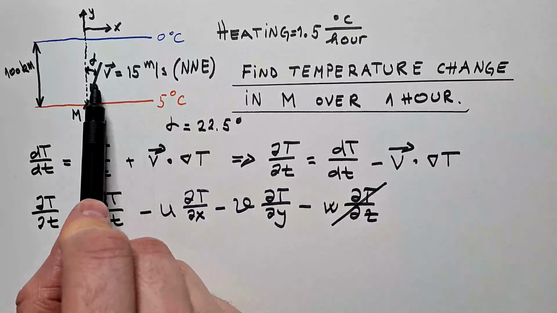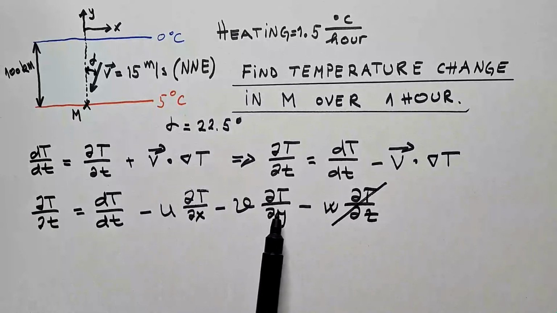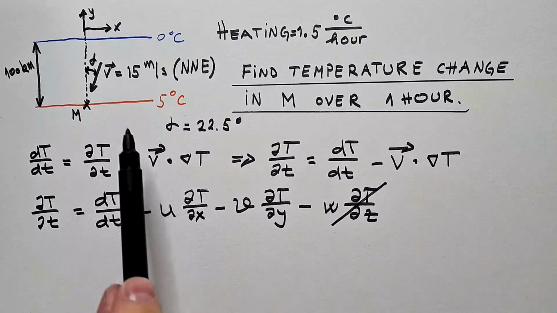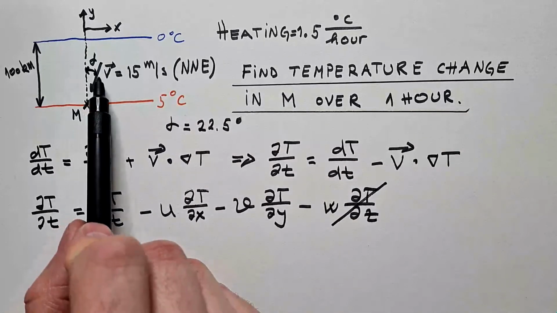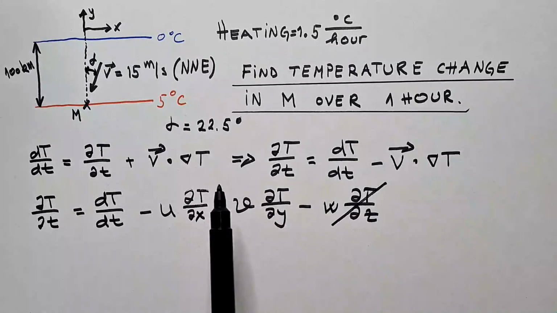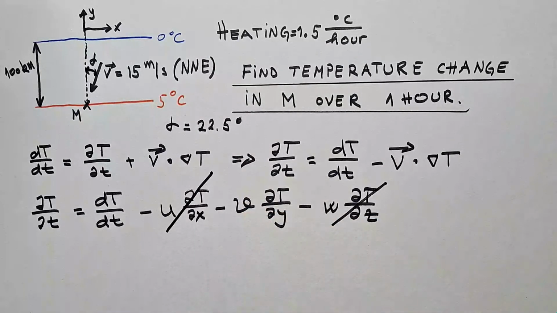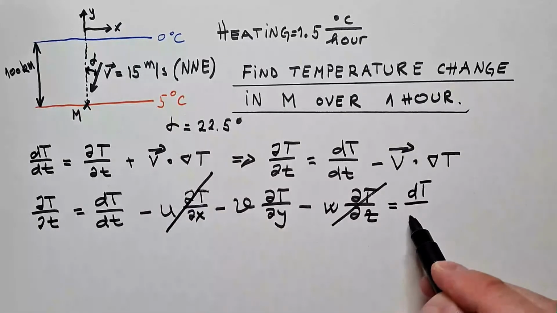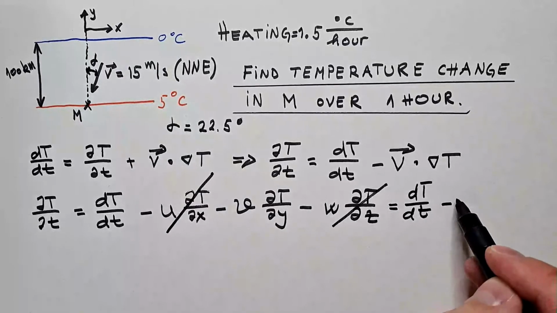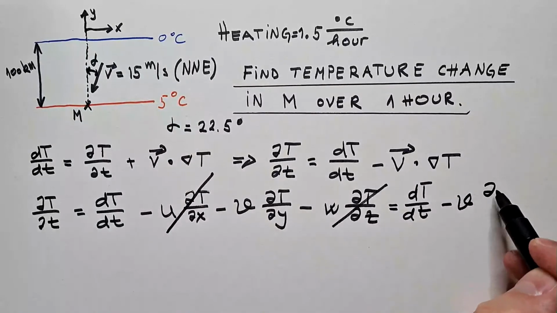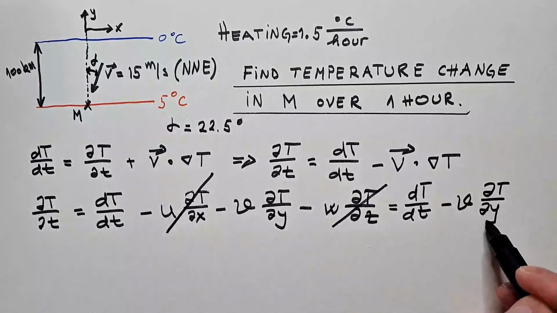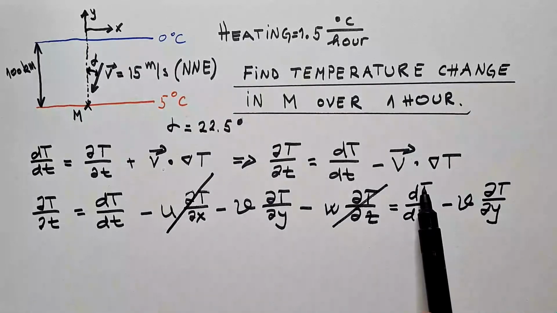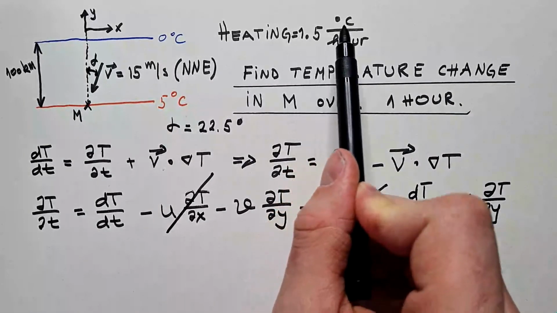There is no change of temperature in the x direction. The only gradient is in the y direction. So while we have a u component of the wind, if we decompose this V vector, there is no ∂T/∂x, and therefore this term is also 0. So here we end up with dT/dt minus v ∂T/∂y. And in terms of concept, this problem is already solved because dT/dt is 1.5 degrees Celsius per hour. ∂T/∂y is 5 degrees Celsius over 100 kilometers, and V we can find from this vector knowing the angle alpha.